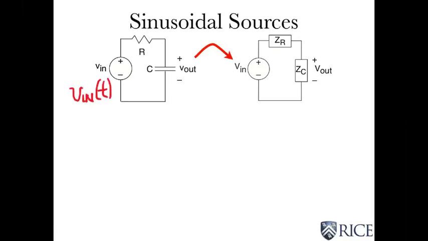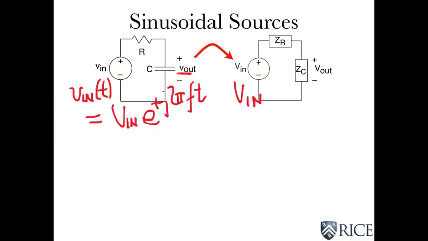It's supposed to be v in of t. This is lowercase v out of t. But over here we're only talking about the complex amplitude. So I'm thinking about this as being a complex exponential source, and now everything in this circuit is a complex amplitude.